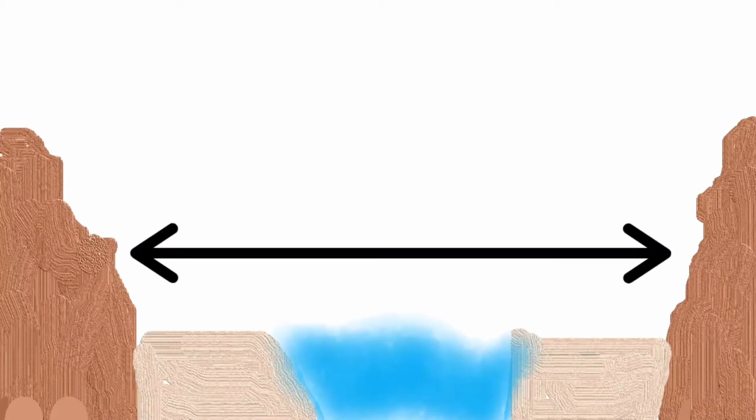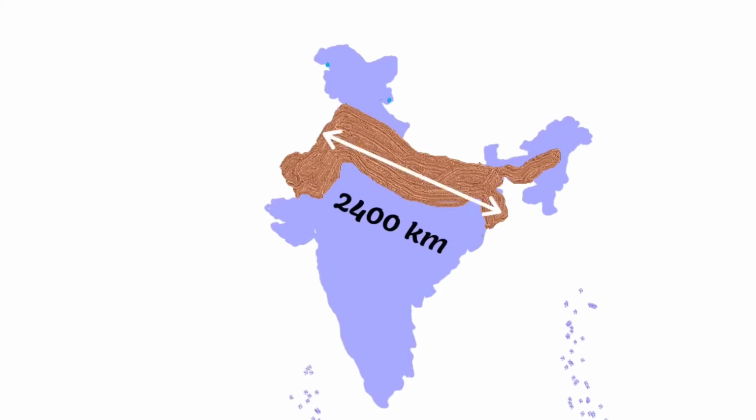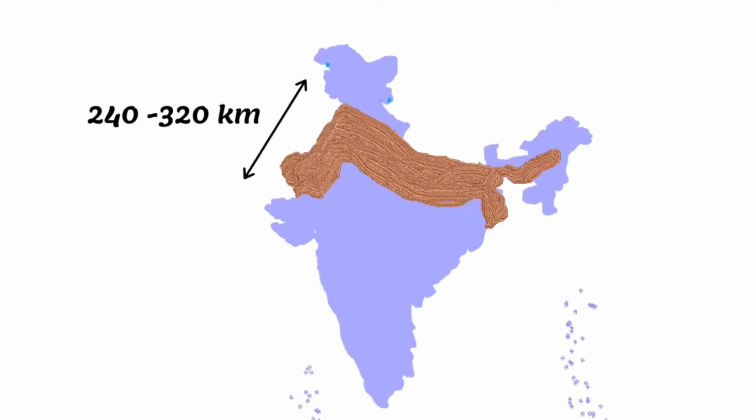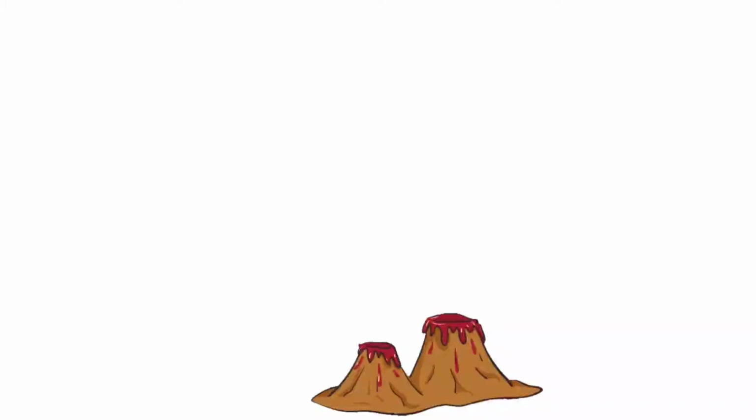Okay students, old is Bangar, new is Khadar. And this is called the flood plain. Okay, the northern plains cover more than 7 lakh square kilometers, and extend 2400 kilometers.